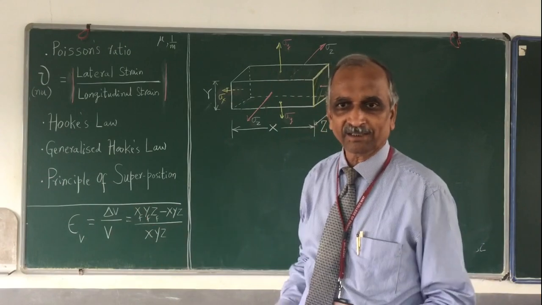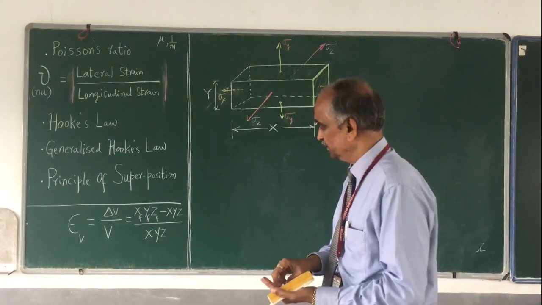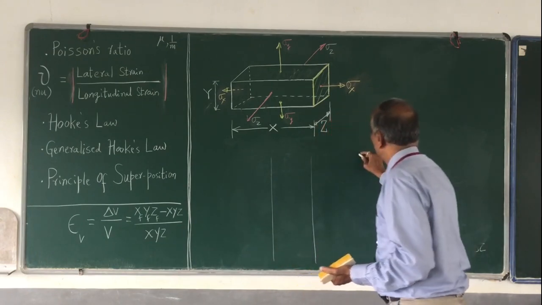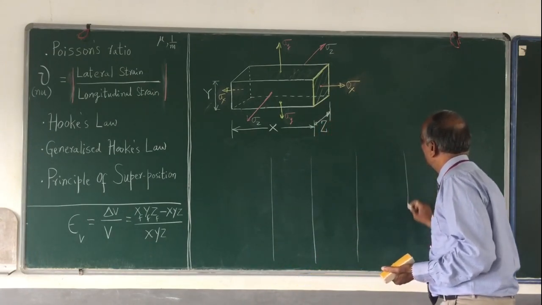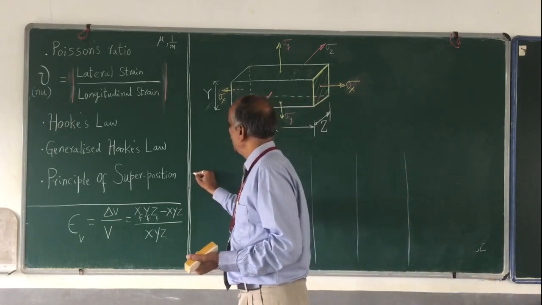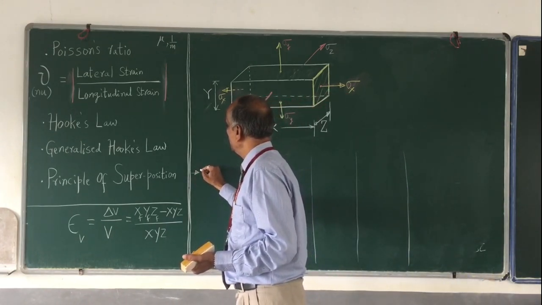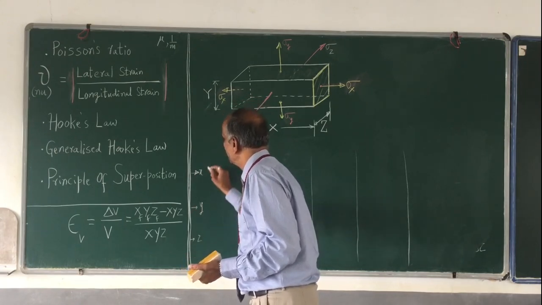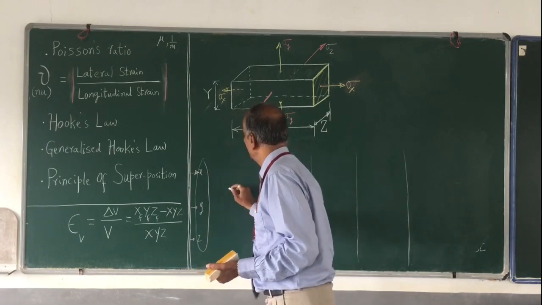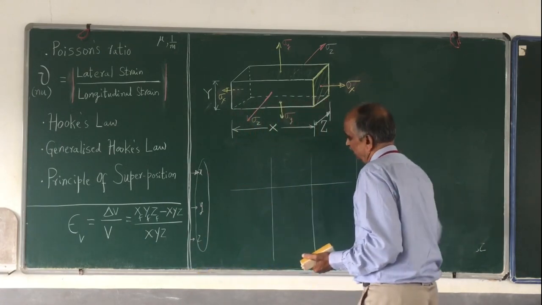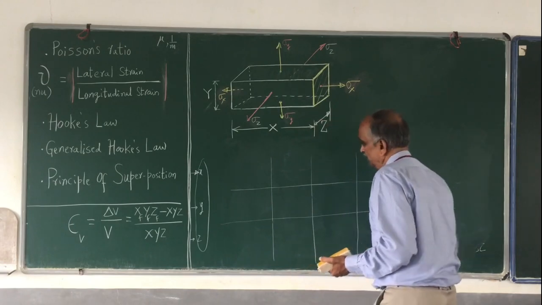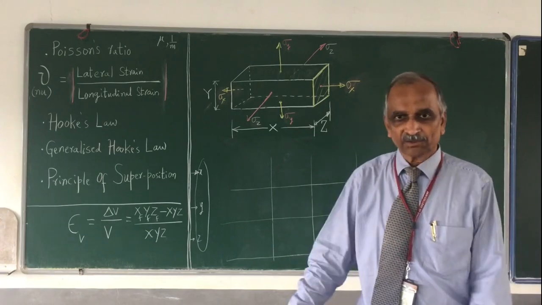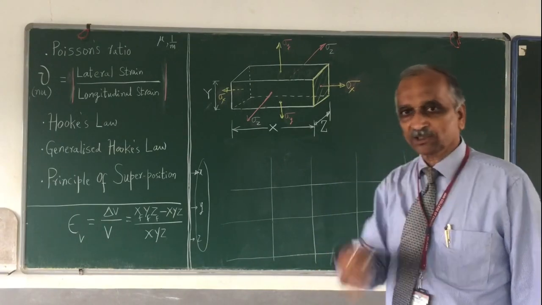I add them, and that is the principle of superposition. So I make it three parts: I want the strain in the x direction, the strain in the y direction and the strain in the z direction. This is one row, then the second row and third, and then I add them to get the total.